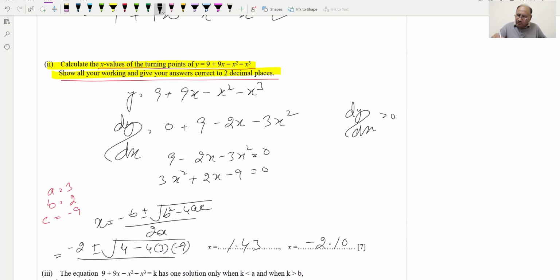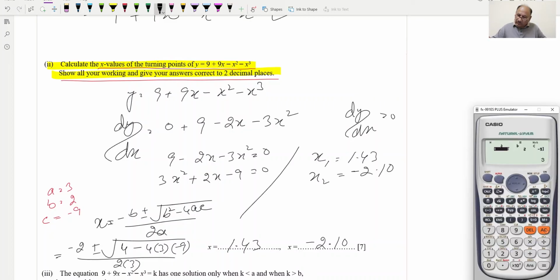minus 2.10. For the calculator part you can even check, that will be a fraction, minus 2, and we will take plus first, then we'll take negative, so square root of 4 minus 4 in brackets 3, and in brackets minus 9, and divided by 6.